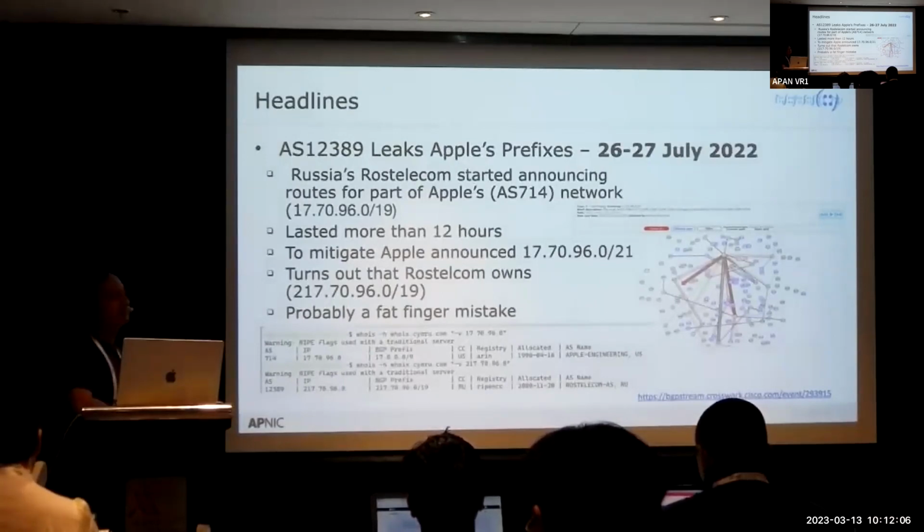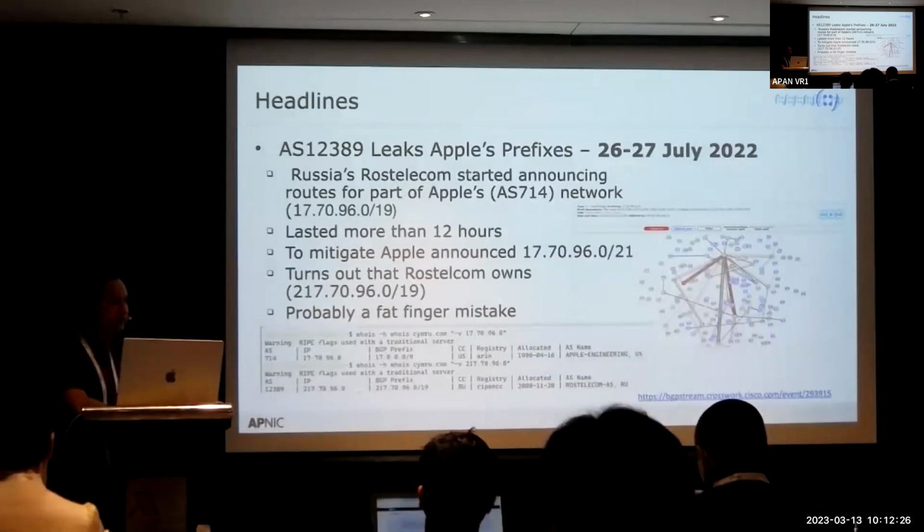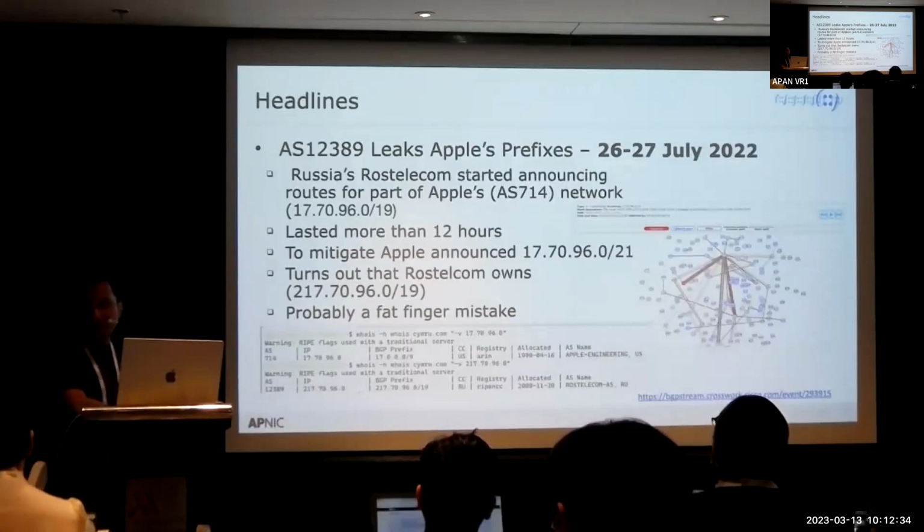Actually, just before I say this, there are two kinds of things that usually happen whenever we see these routing incidents on the internet, right? One is that you have bad intention. You're trying to get something out of it. You're trying to hamper someone else's service on the internet. You're a malicious actor on the internet, and you do these kinds of things.